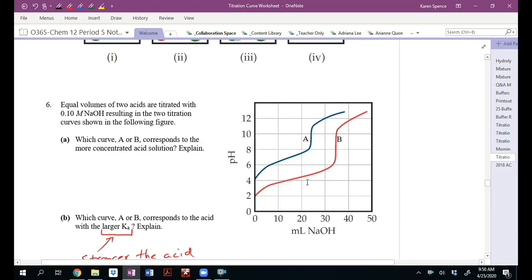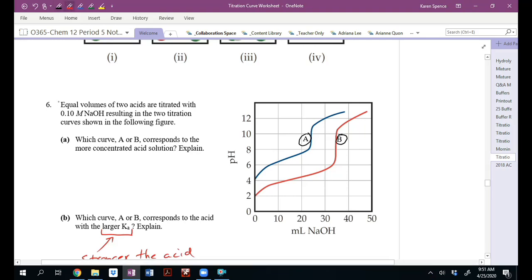This is question number 6 on the titration curves worksheet, and we are told that we have equal volumes of two acids, acid A and acid B, and they are both titrated with 0.1 molar NaOH. Which curve, A or B, corresponds to the more concentrated acid solution?